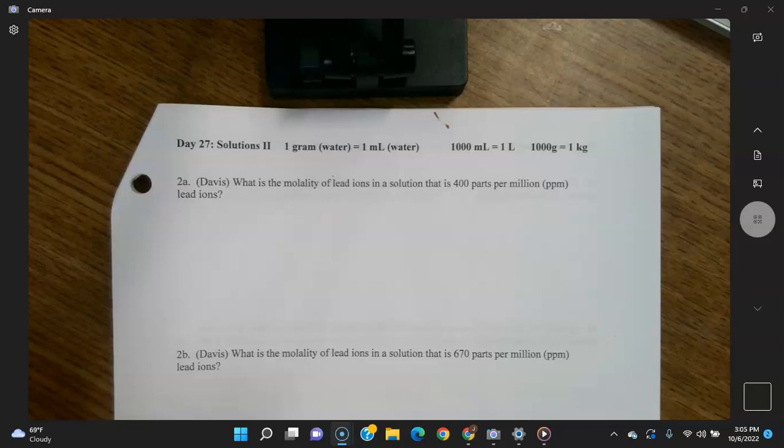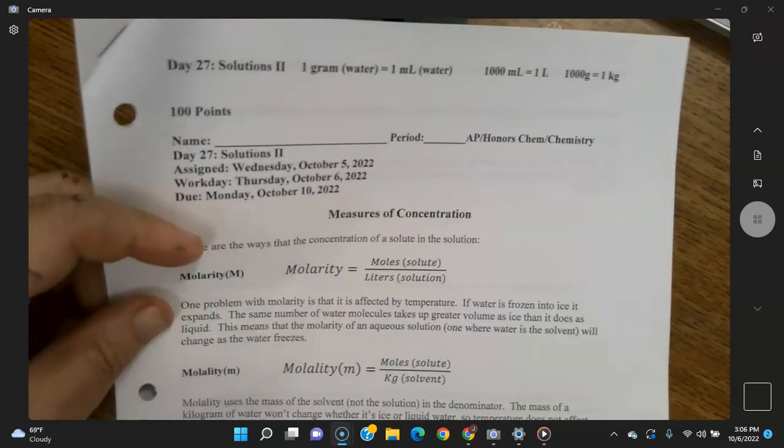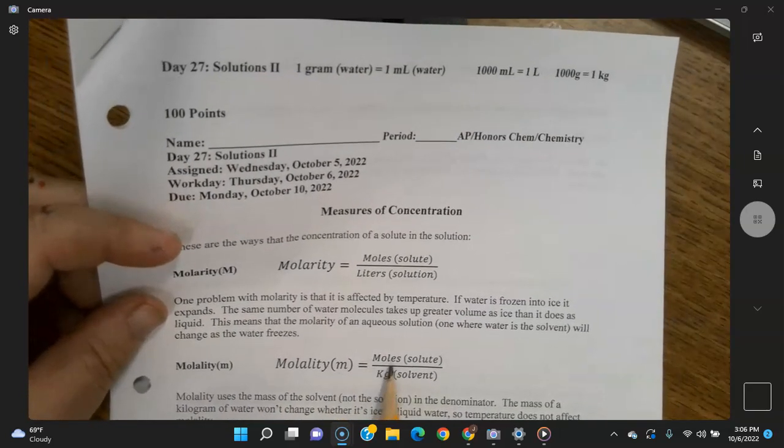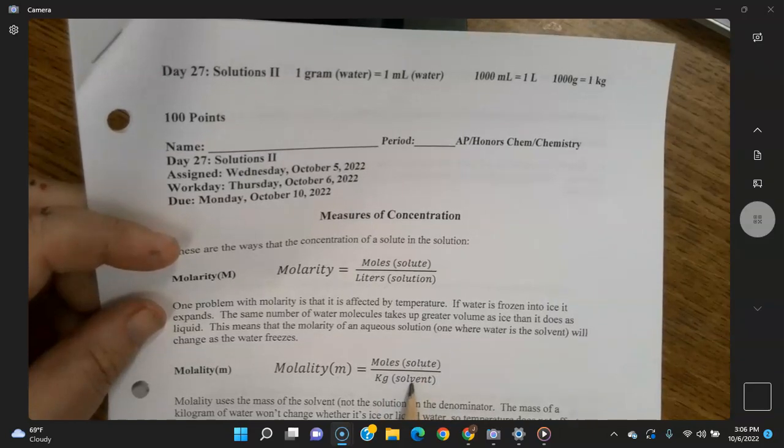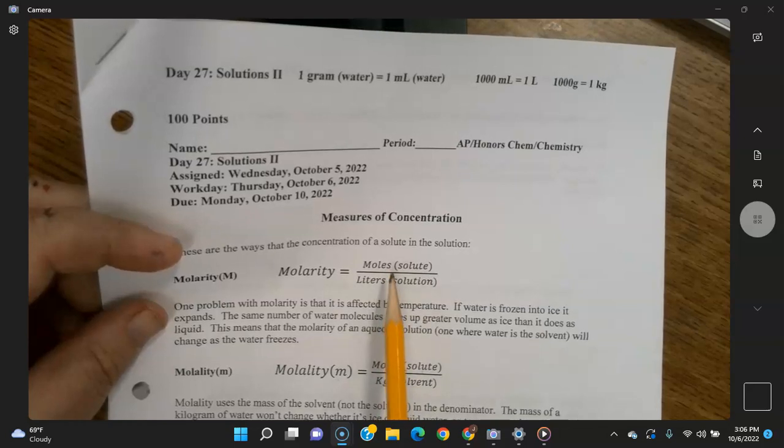So what is the molality of lead ions in a solution that is 400 parts per million (ppm) of lead ions? Okay, so let's get the definition of molality. Molality is moles of solute, in this case lead, over kilograms of solvent. Compare it to molarity.